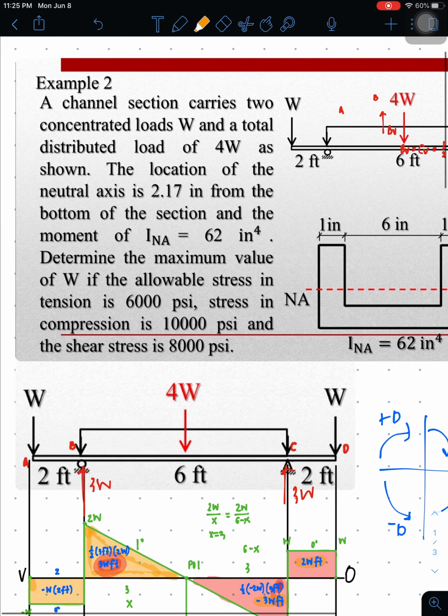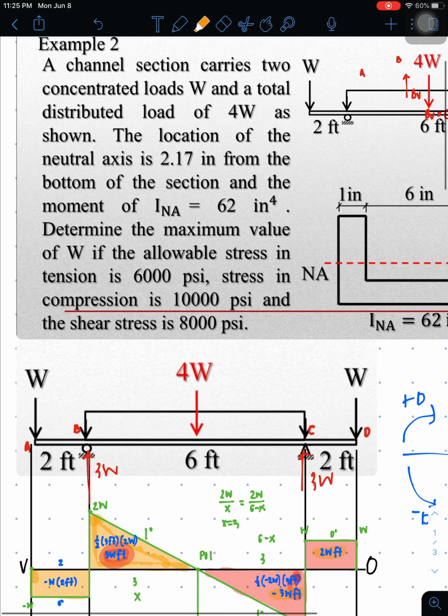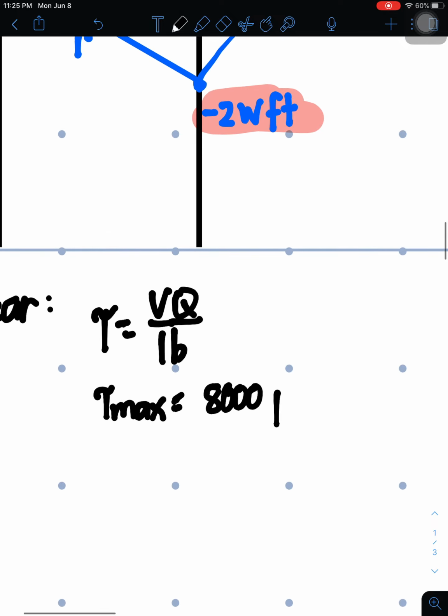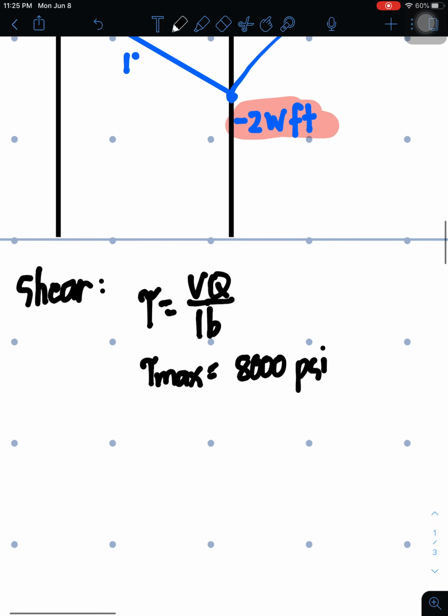And then the stress here, it says that the allowable stress of shear is 8,000, meaning allowable is what can be applied. So the maximum we can apply is 8,000 PSI. So that's the maximum shear stress. So the maximum shear stress is 8,000 PSI.